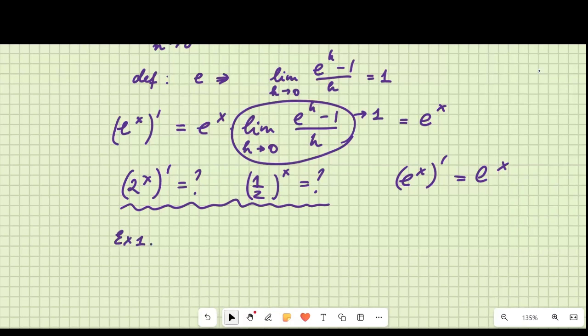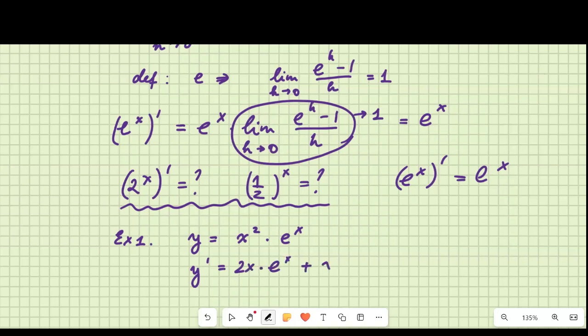My example number 1: I'm going to consider the function y equals x squared times e to the power of x, and I'm going to differentiate it. What is going to be the derivative? Well, because it's a product of two functions, I'm going to use the product rule. I differentiate my first function first, which is going to be 2x, multiplied by my second function.